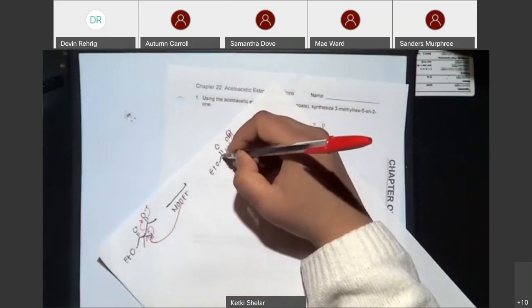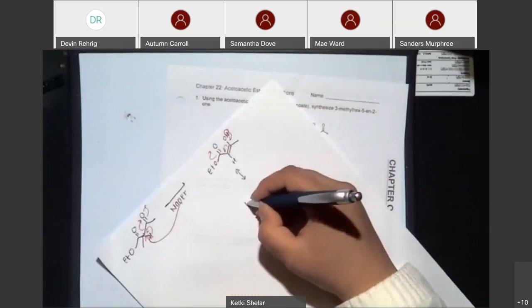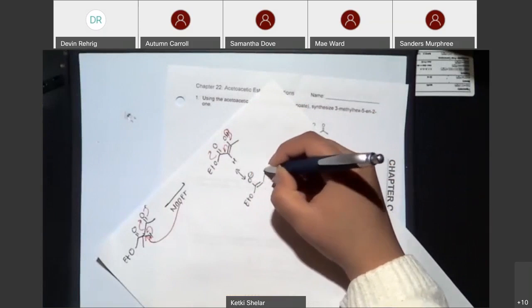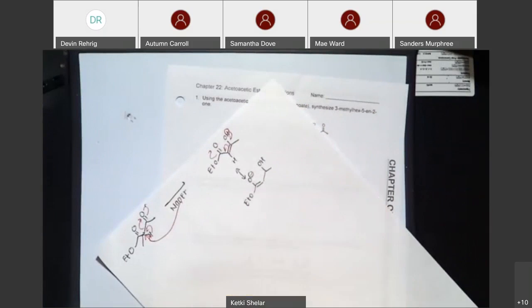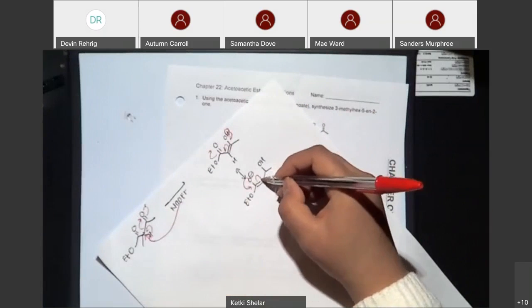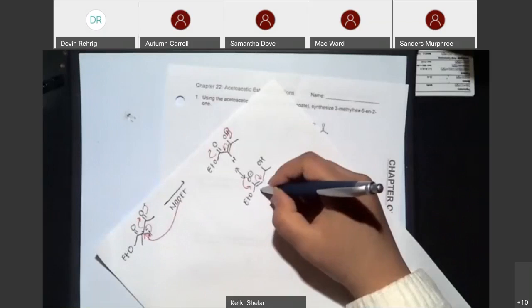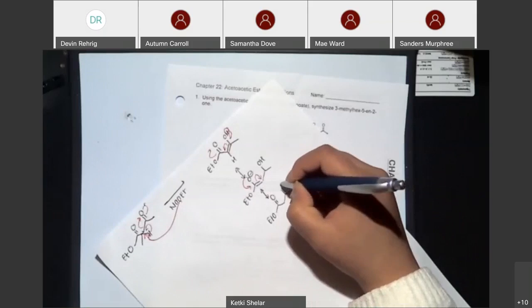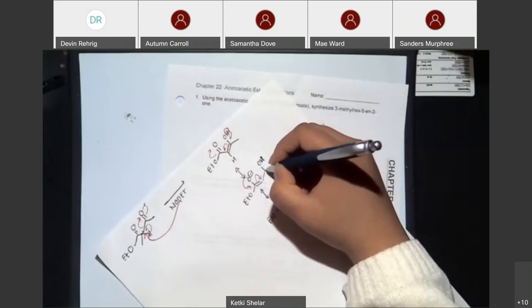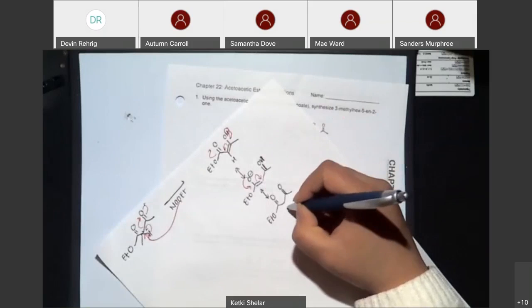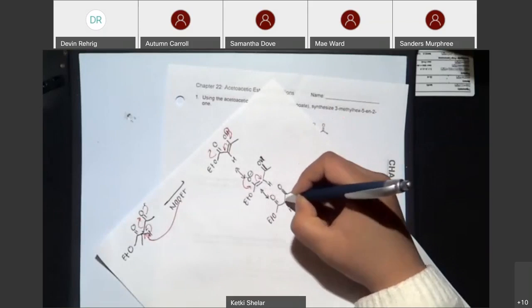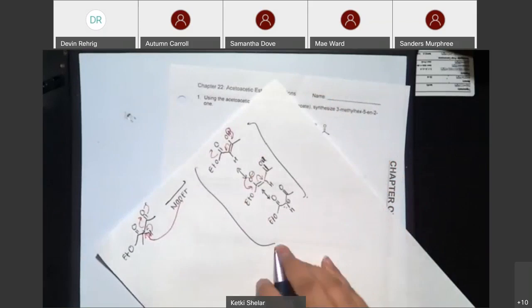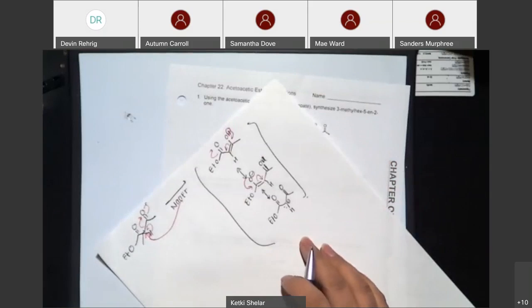It will form like here. Right. These are resonance structures for this.